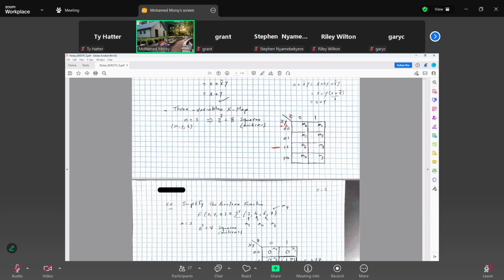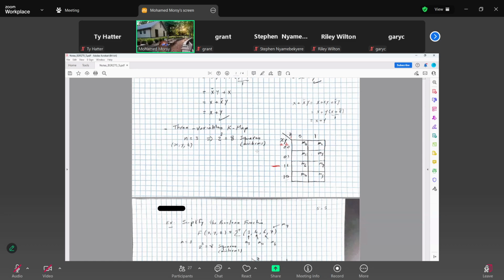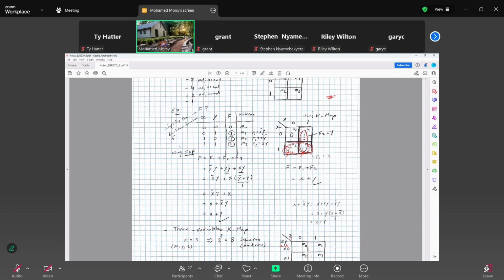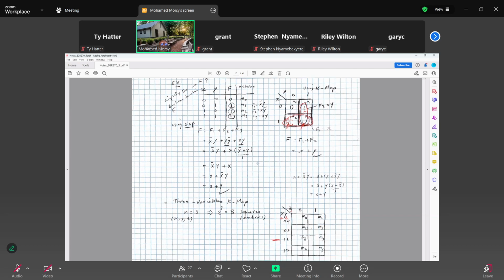Now your question: how do we fill these minterms? Again, the sequence of the minterms is as we see here in this standard Karnaugh map: M0 here, M1, M2, M3, M4, M5, M6, M7. As I mentioned before, we fill this from the truth table, or it is given, like we will see in the examples.